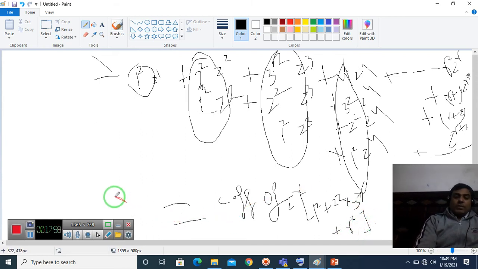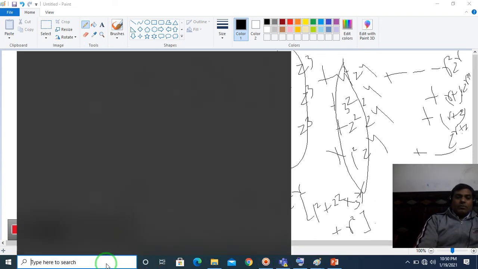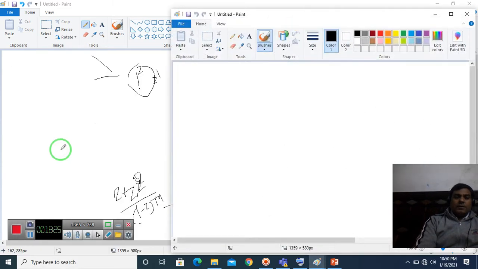Now we have z plus z square upon 1 minus z to the power plus 4. So we should also find the coefficient of z to the power r in this term. Now we should take one more point.